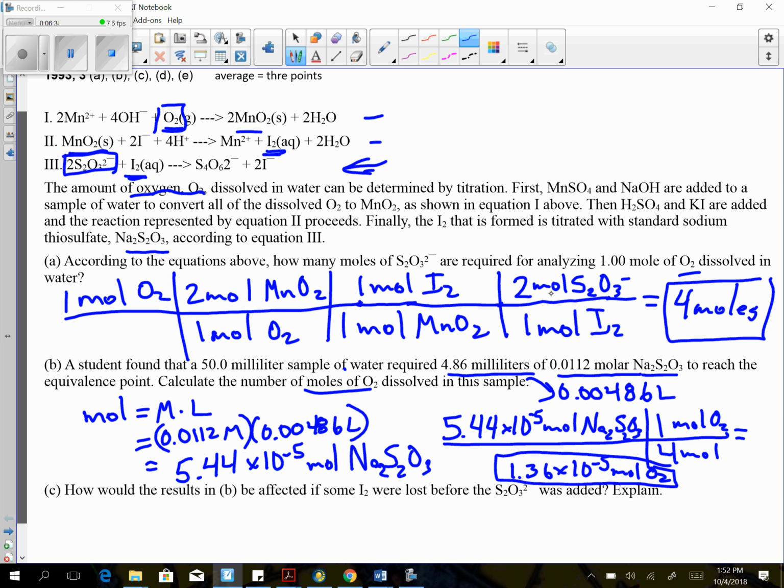And do you see how the first step leads you into the next step? Right up here, if I want to react 1 mole of oxygen, I just figured out in the step above that it requires 4 moles of my thiosulfate ion. So these two are in a 1:4 ratio, which is where I get this conversion factor right here.